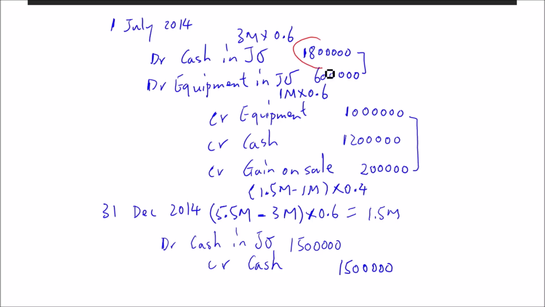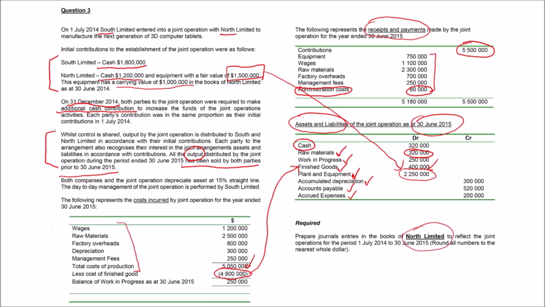You know that North Limited initially recognized cash in JO for $1.8 million. And in December, there's another 1.5 million contributed by them. So that means so far in total, North Limited has recognized $3.3 million of cash in JO. We want to compare this 3.3 million to the number that we have here, 320,000. This 320,000 is the total amount of cash remaining on the balance sheet of the joint operation at the end of the year.